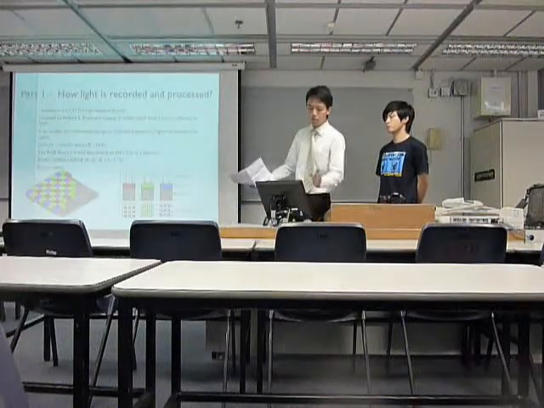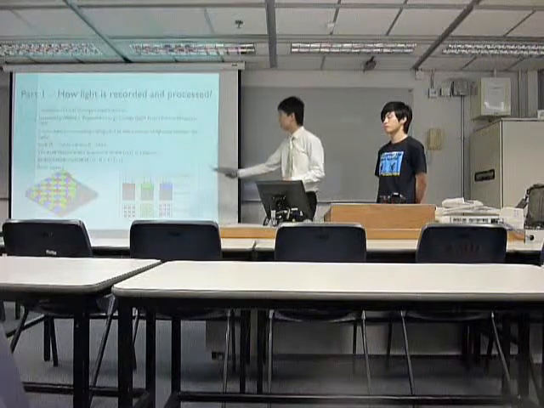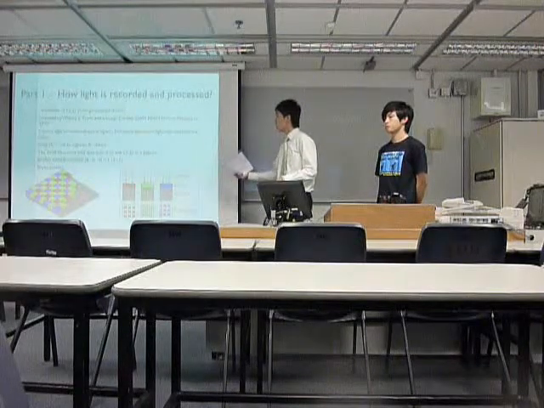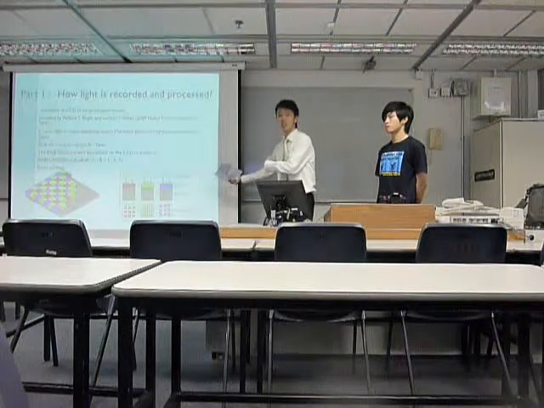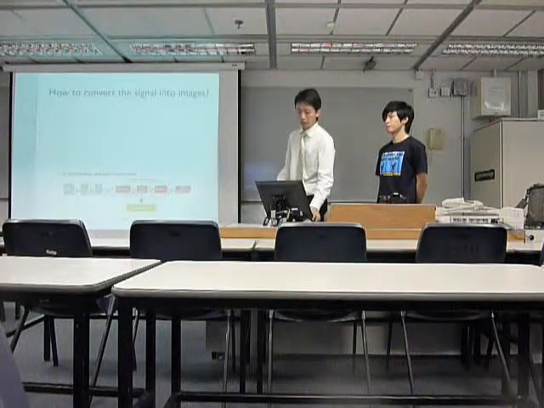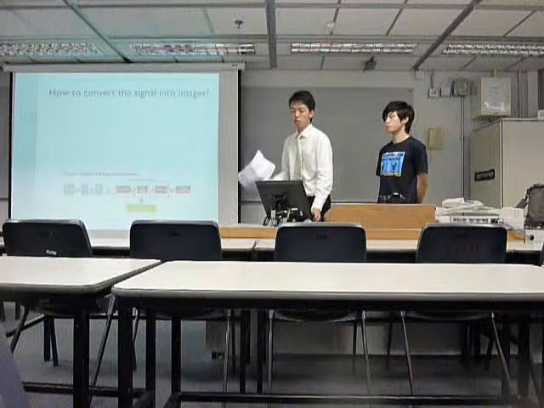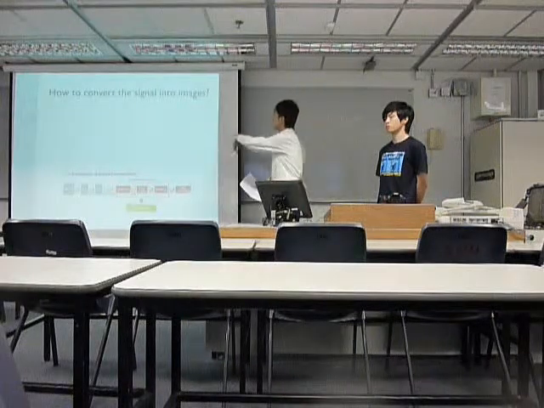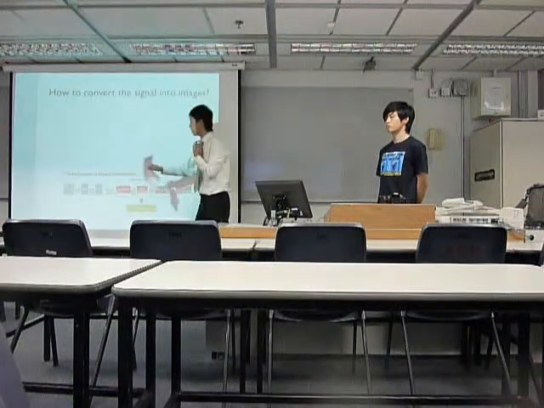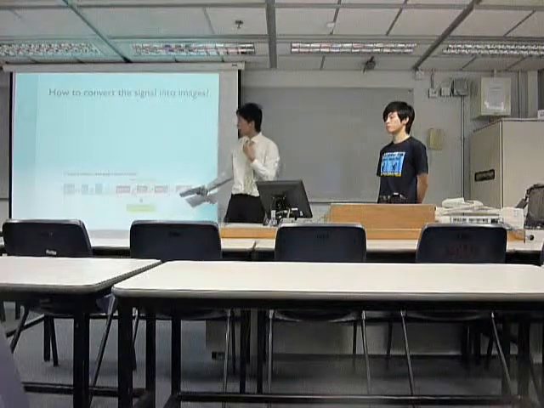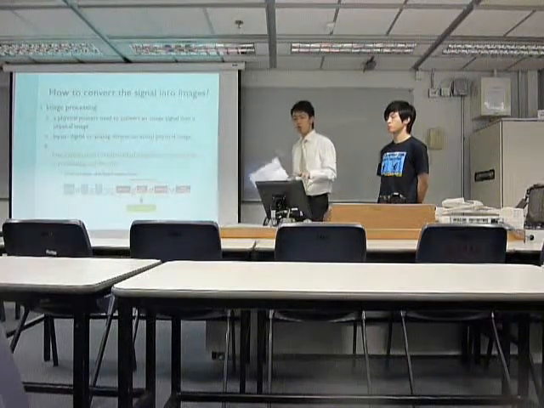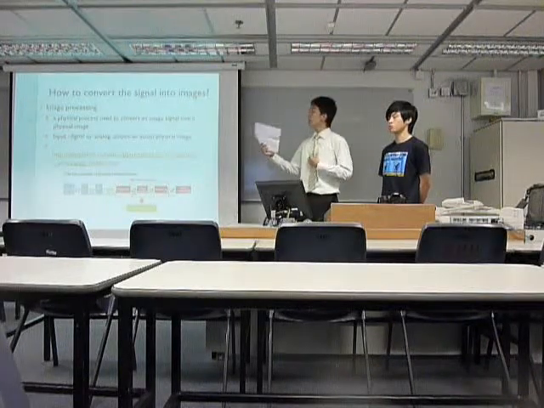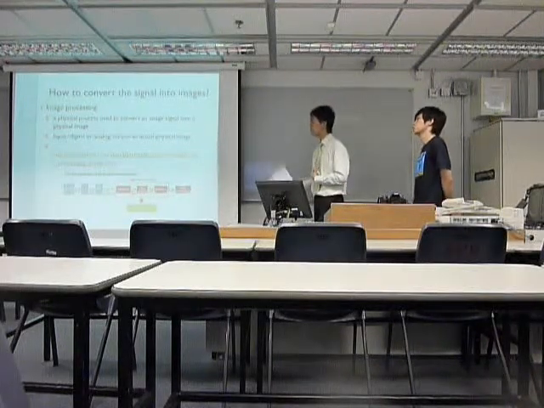You can see the pattern there, and each pixel with its RGB filter senses the corresponding signal. How the signal is converted into the image is the image processing principle, a physical process that converts an image signal into a physical image.